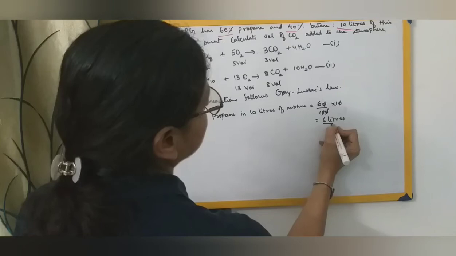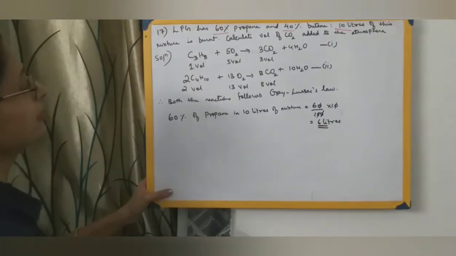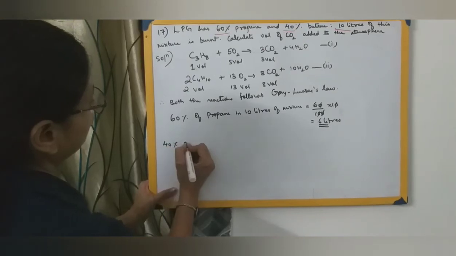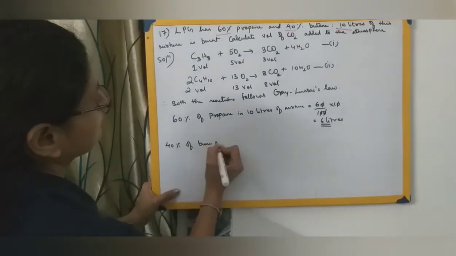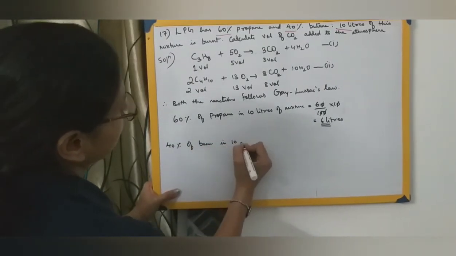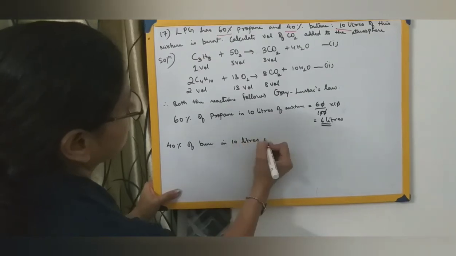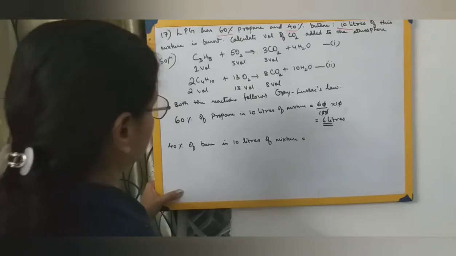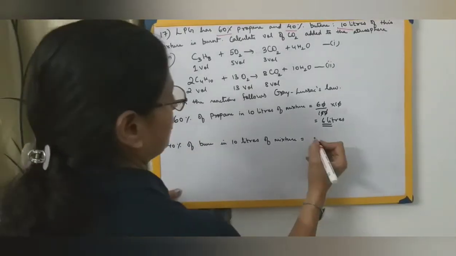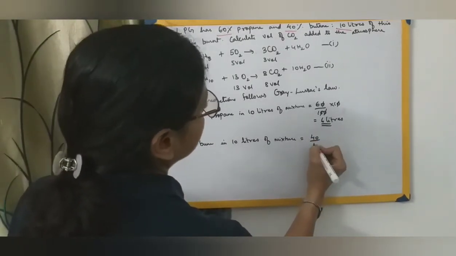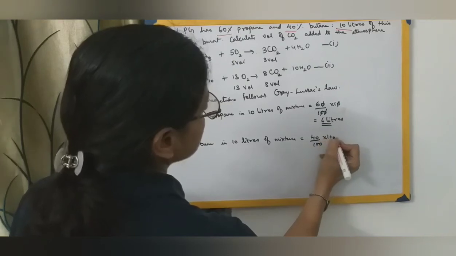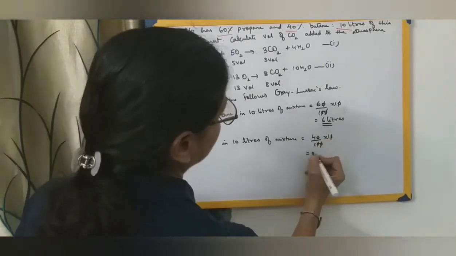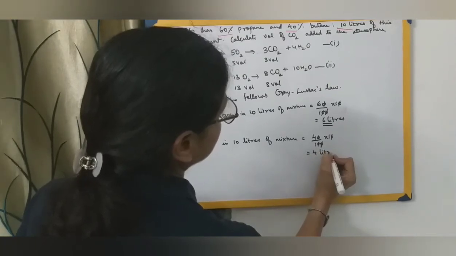Next, we'll be calculating for butane. 40% of butane in 10 liters of mixture. So we find out the exact quantity, that is 40 by 100 into the 10 liters provided. So this 0 cancels, this also cancels, that will be 4 liters.